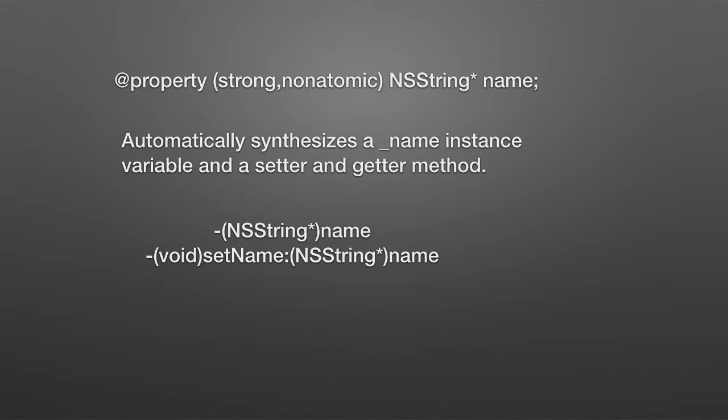These are actually invoked when you use dot notation on the left and right hand side of the equal sign. You could also call these methods by just saying object and then the method name. That's legitimate also. Let's go over to Xcode, and we'll dig into this more deeply.